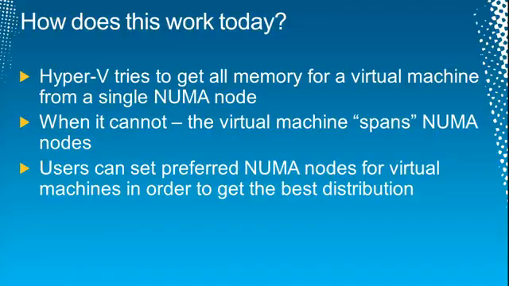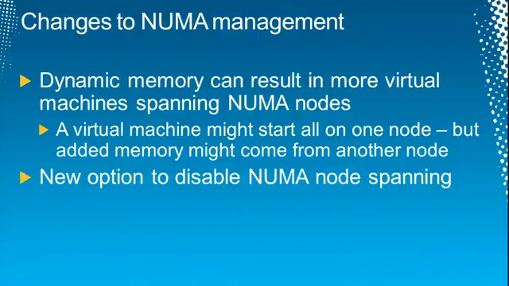You can set the preferred NUMA nodes for a virtual machine in order to get the best distribution. And also, we have added the option in Hyper-V Manager to disable NUMA spanning if you want to. Now, by disabling NUMA spanning, it is possible that your virtual machine consolidation will decrease.